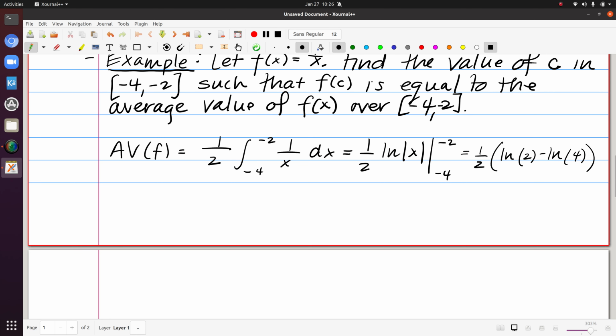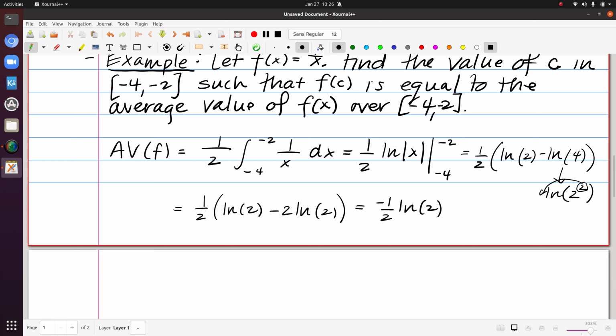So if I think about my log properties, remember that log of 4, I can think of this as the log of 2 squared. And with log properties, I can bring that exponent out. So this is -2 log 2. From that, I can see that this is the same thing as -1/2 log 2.